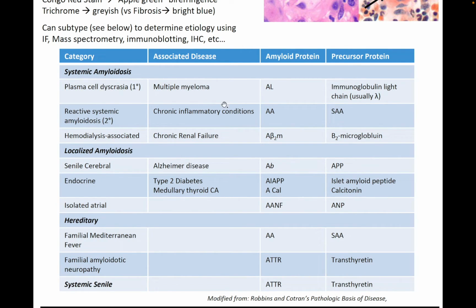And I will let you review this table on your own to break it down into systemic amyloidoses, localized, hereditary, and systemic senile amyloidoses. And you can also see the precursor proteins for each category. So I will let you review that on your own, and that is from Robbins.